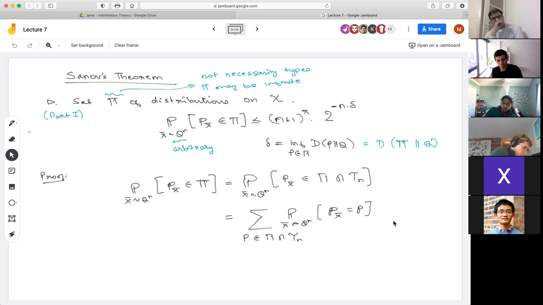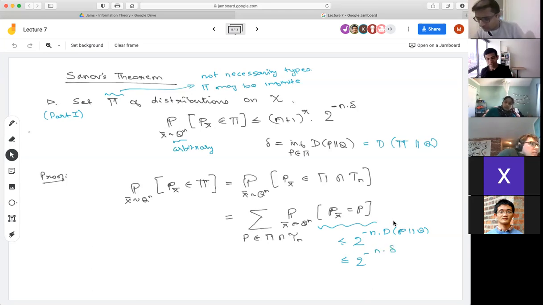And once we are summing over all of this, we know that this probability is upper bounded by 2 to the minus n times the KL divergence of P and Q, and we know that the KL divergence is at least delta, because delta is the minimum or the infimum.